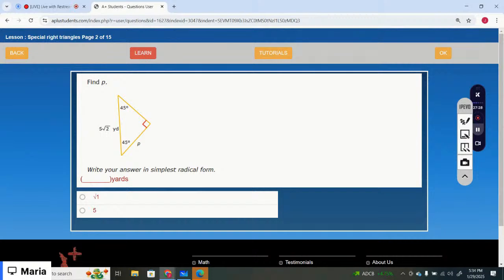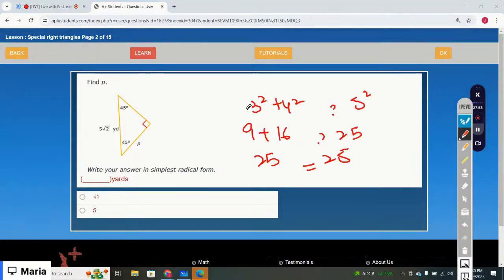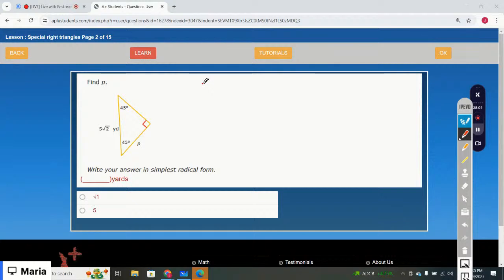Find P. So which is the correct option? When you have to calculate the hypotenuse, you multiply square root 2 times the leg. Now you need to calculate the leg, so that would be hypotenuse divided by square root 2.